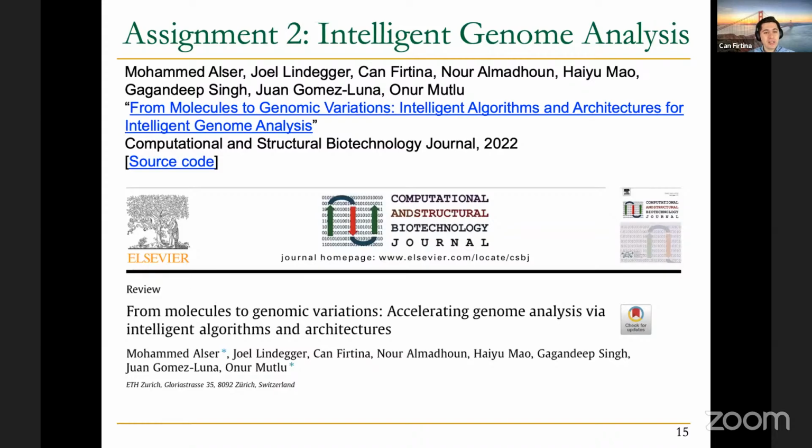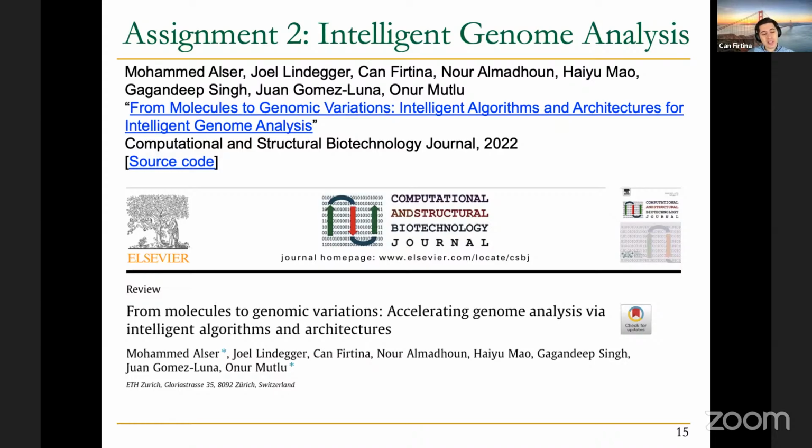It was published last year, and it covers almost the entire set of steps in genome analysis, starting from library preparation and sequencing in the wet lab down to the variant calling step, which essentially finds differences between an individual compared to the entire population, so that, for example, you can pinpoint mutations and associate them with diseases, let's say.